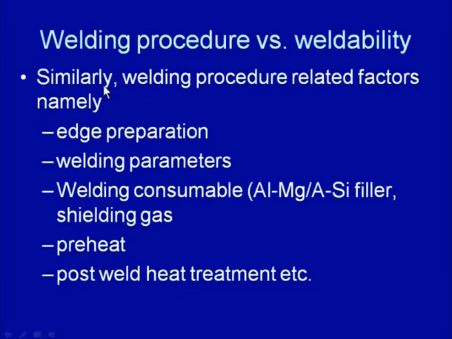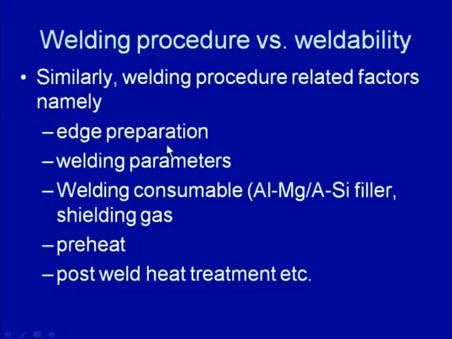So that was the effect of the process. Process significantly affects the weldability of aluminum. It may be very poor with SMAW and with gas welding, but the weldability of aluminum may be very good with the GTAW and GMAW processes.